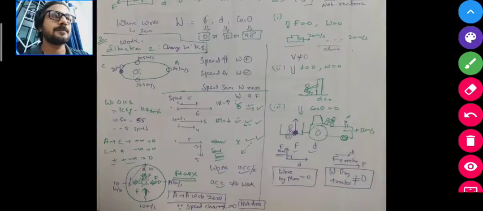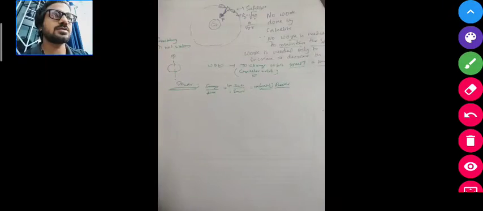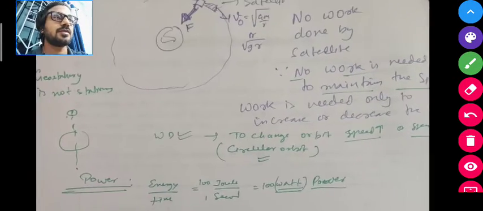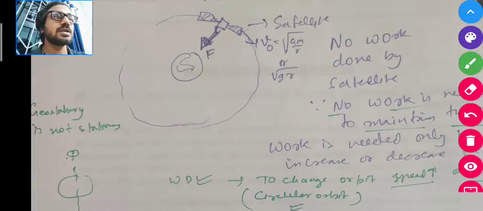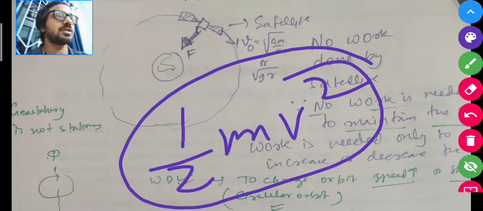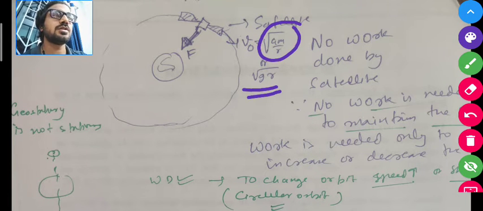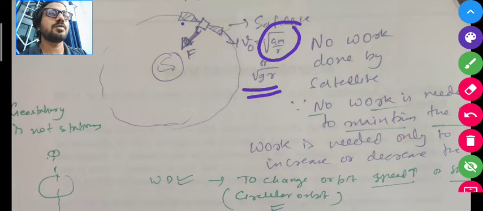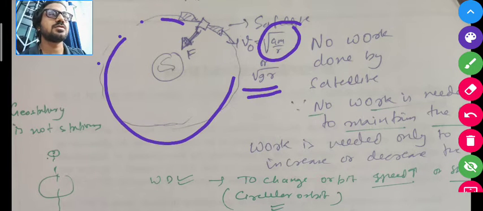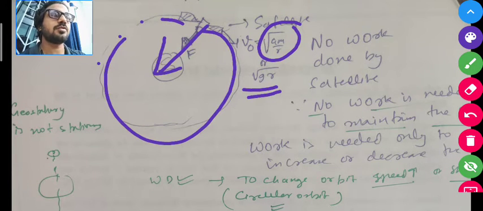Okay, so for the second case we can see the case of a satellite. Here the satellite has a definite orbital velocity at which it moves, which is under root GM by r or under root gr, whichever the situation. But the only force acting on the satellite in a circular path is the force of gravity, which is in the perpendicular direction.